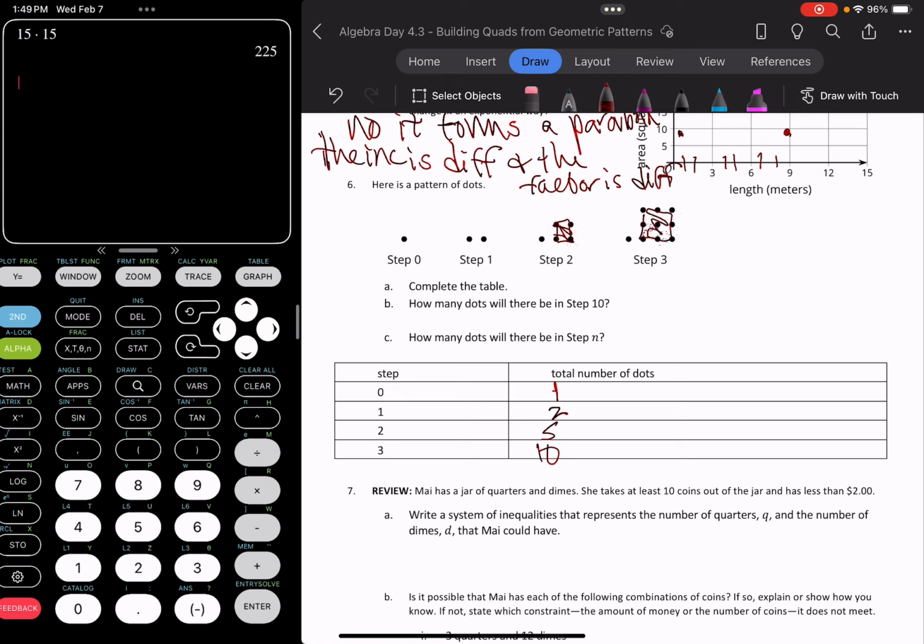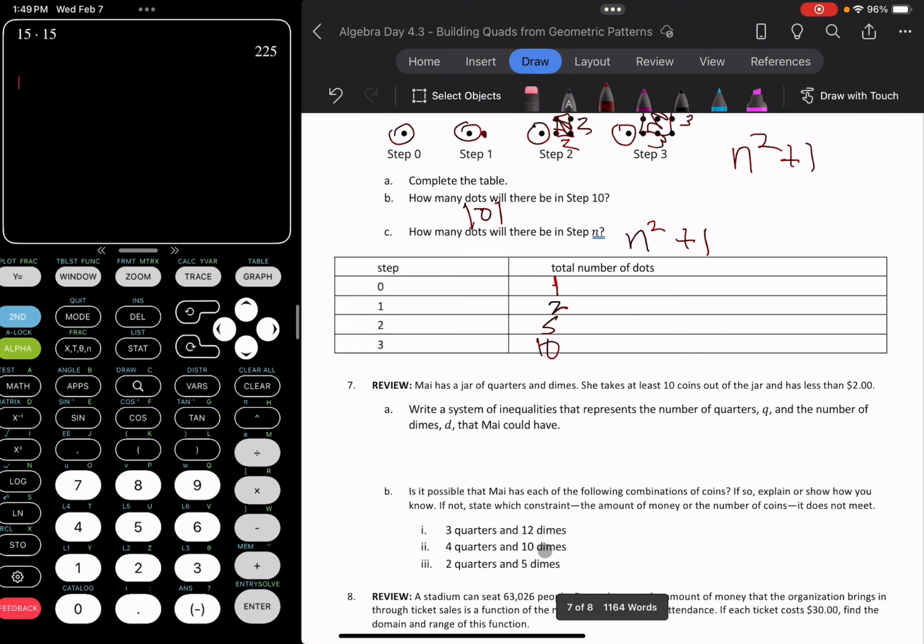Here we have 3 by 3, 2 by 2, and we're adding 1 here. Let's see if it works here. Well, here's 1, and then we're adding 1. And then here we have just 1. So the pattern that I'm looking at is likely going to be n squared plus 1. So in 10, we would have 101 dots. Step n, as I said, is n squared plus 1.